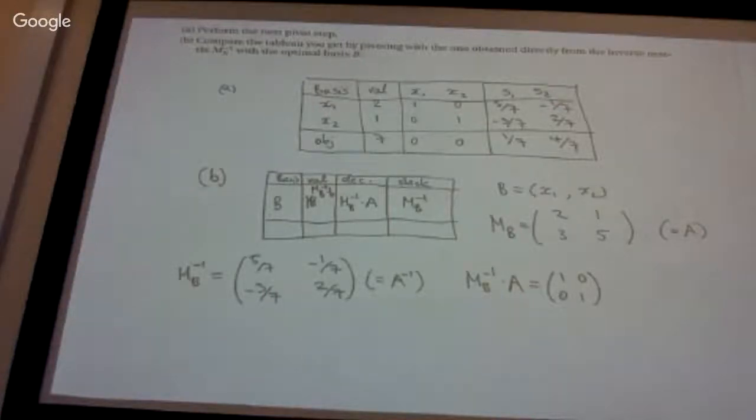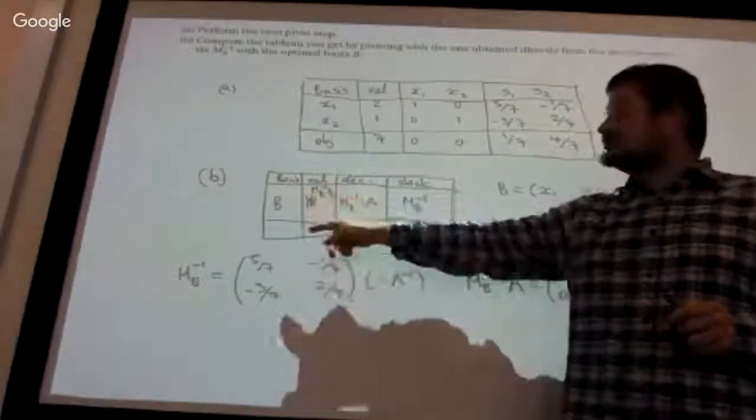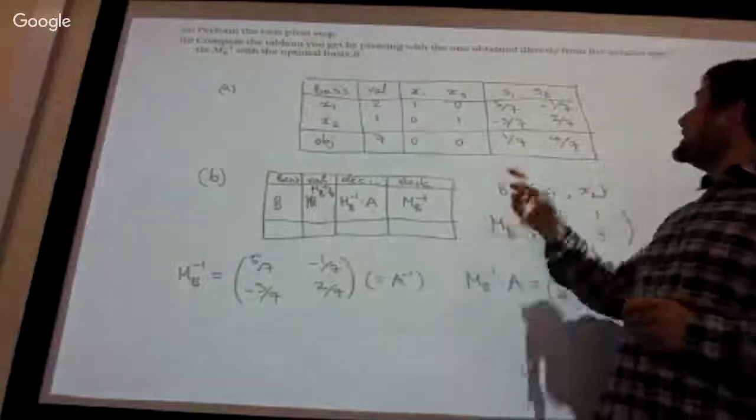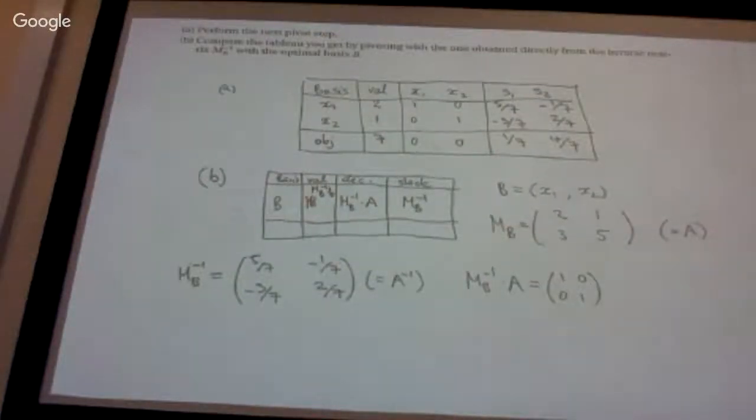And what else does it want me to do? Okay, this column wants me to do MB inverse times little b, the right hand side. So the right hand sides were 5 and 11 in the original problem. Look at the top of the sheet. Yeah, 5, 11.